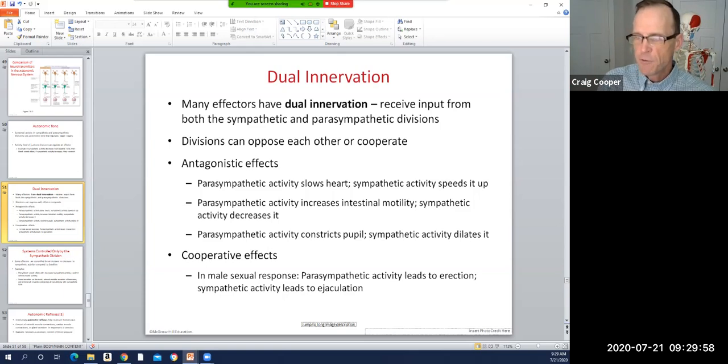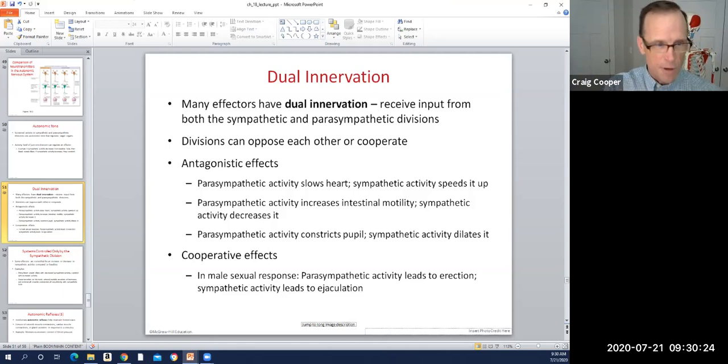So that's the more typical way that these two systems work with each other. But we do have, in some cases, cooperative effects. And more of those are in the reproductive organs than anywhere. For men, parasympathetic activity leads to an erection, but sympathetic is what leads to ejaculation. So you can't have one without the other. You can, but you're not going to be successful with one without the other.